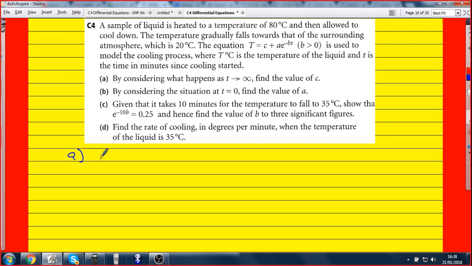As t approaches infinity, you're thinking of when t is equal to 0. Okay.